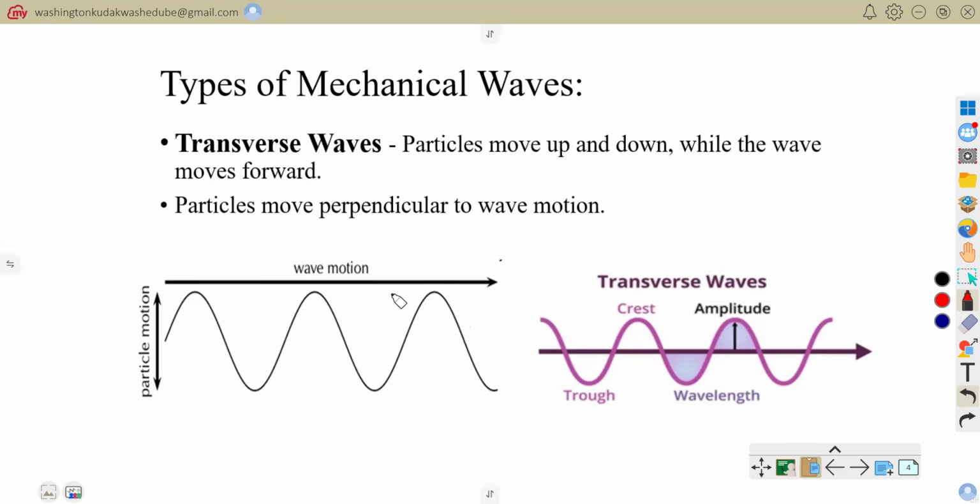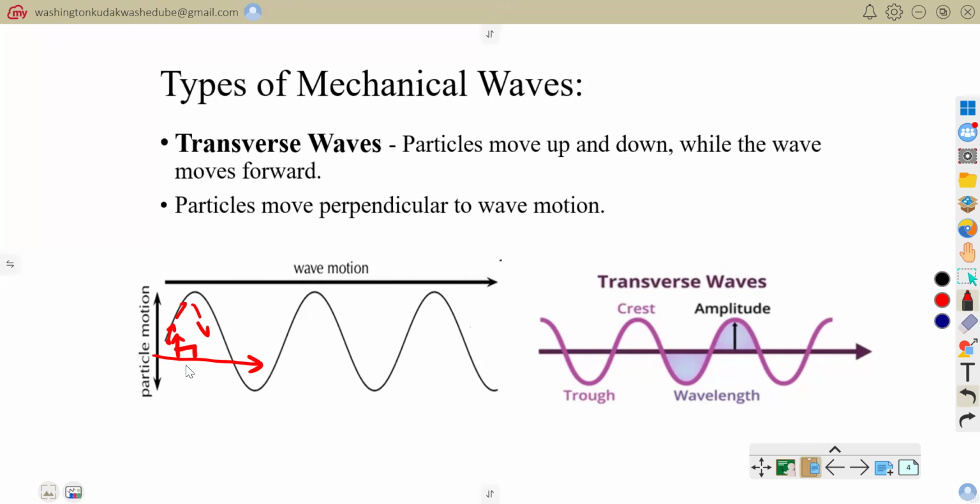The particles of the medium are displaced up, and then they come down, while the wave motion is moving forward. The direction of the displacement of the particles is up, whilst the direction of the wave is horizontal.